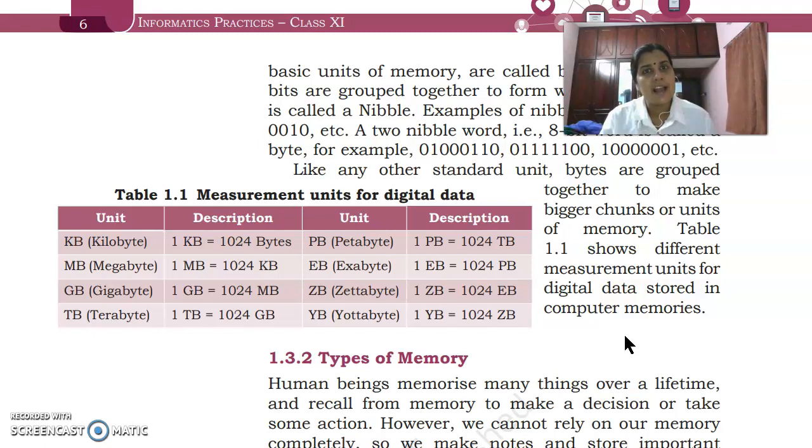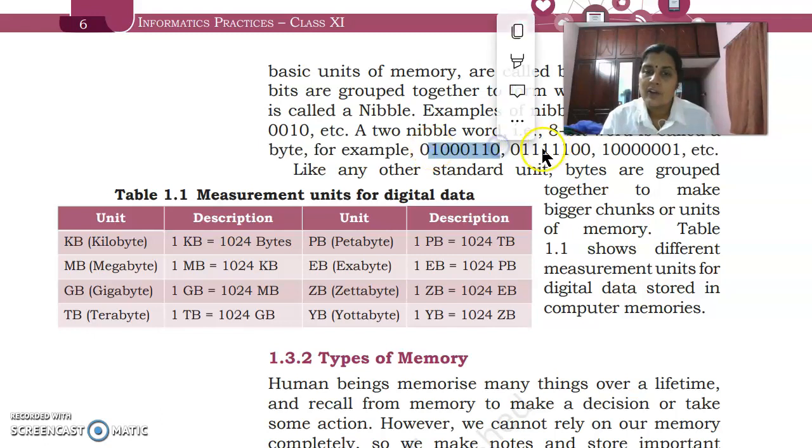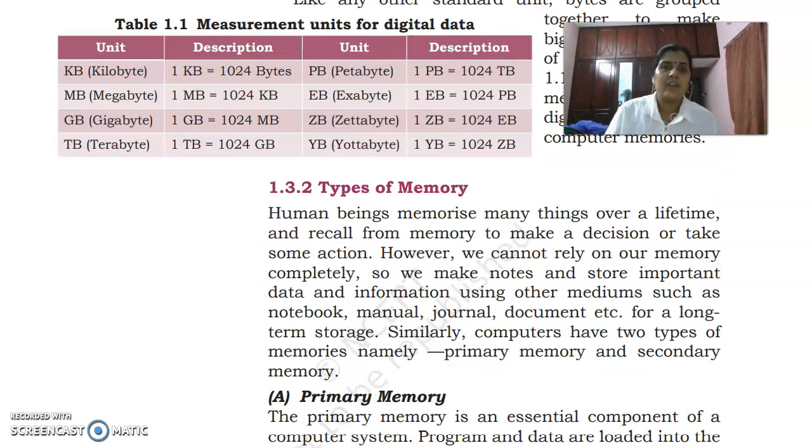So when you hear the term byte, just think 1 byte is the combination of 8 bits, like 01000011. Then from bit up to yottabyte, YB, we can form binary data. Bit means zeros and ones, nibble means 4 bits, then byte means 8 bits.